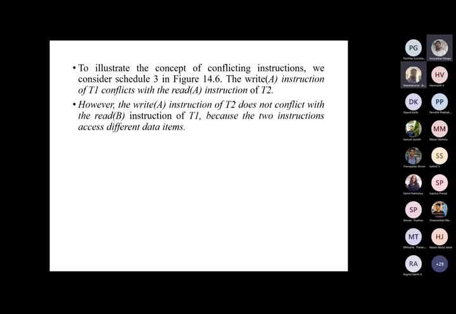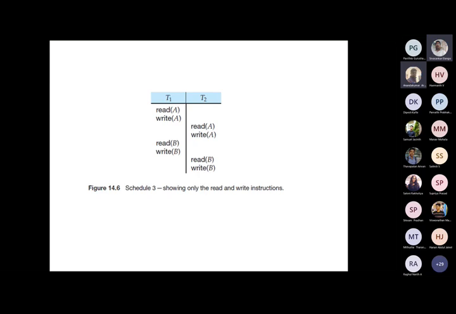To illustrate the concept of conflicting instructions, we consider the Schedule 3 in figure 14.6. So the write of A instruction of T1 conflicts with the read of A instruction of T2, right? So in transaction T1, first you have write of A instruction of T1. It conflicts with the read of A instruction of T2, right?